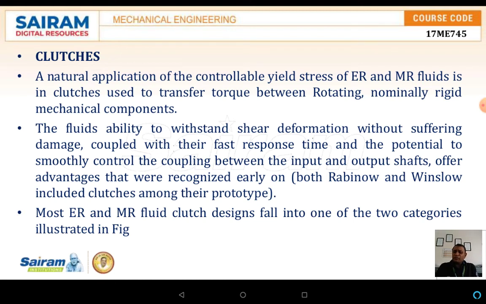The fluid's ability to withstand shear deformation without suffering damage, coupled with fast response time and the potential for smoothly controlled coupling between the input shaft and the output shaft, offers the advantages that were recognized earlier. Most ER and MR fluid clutch designs fall into one of two categories, as shown in the figure.